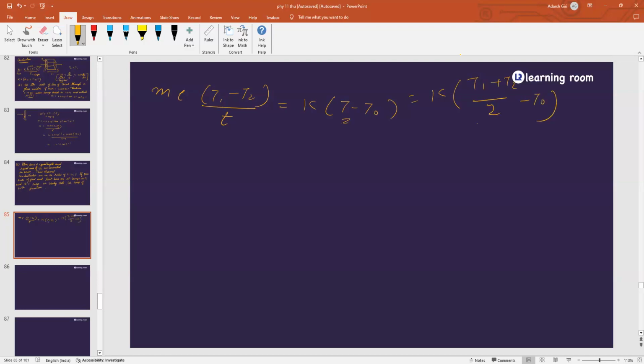This T is the average of the initial and final temperature. T1 and T2 are the initial and final temperatures, and T naught is the surrounding temperature. This was the formula given by Newton's law of cooling.